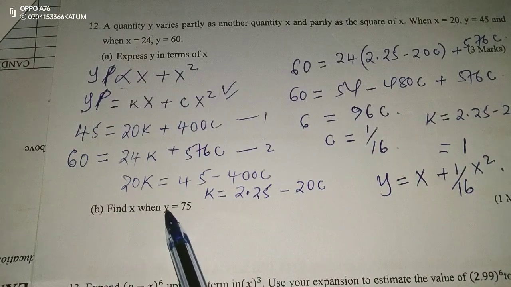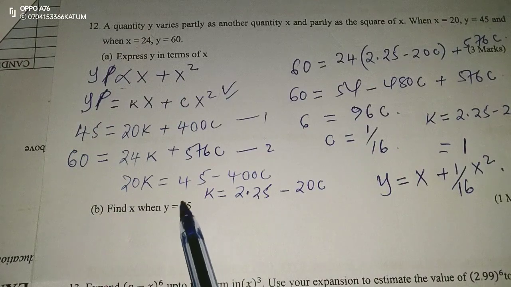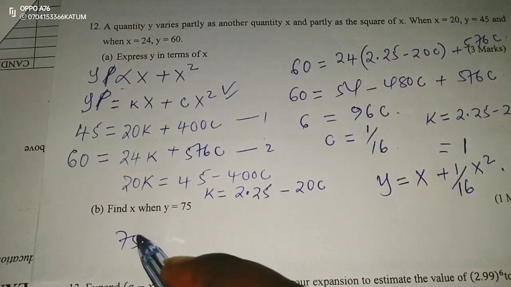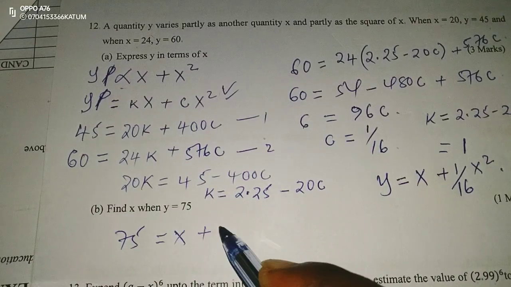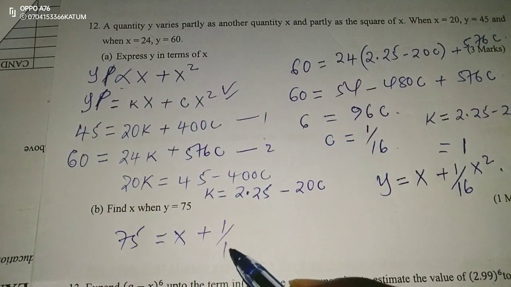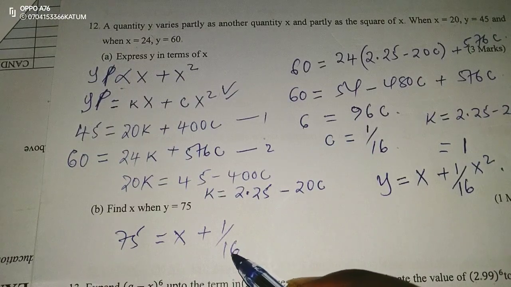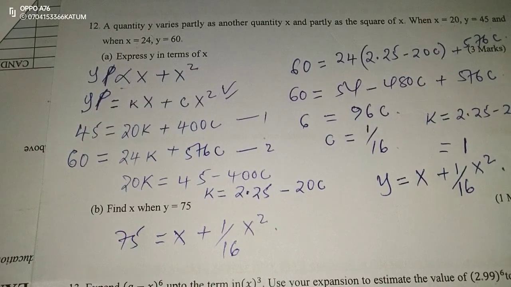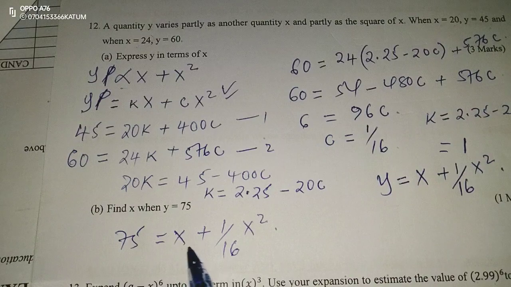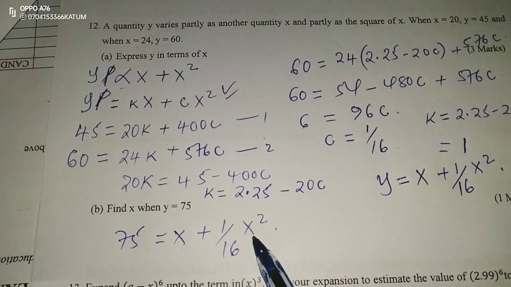Then finally find x when y is 75. So when y is 75, 75 equals x plus 1 out of 16 x squared. So we can get the value of x because the equation is already quadratic.